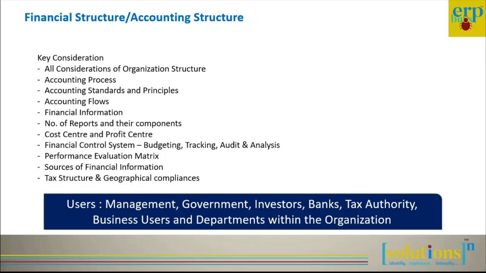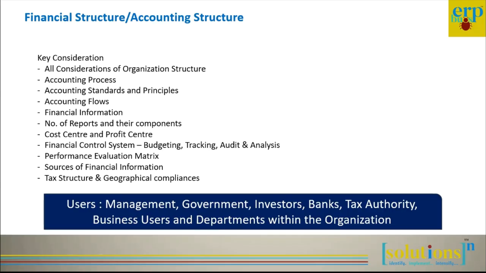Now the accounting process. When you think of designing a financial structure, you need to think about what accounting process you have to follow. There are multiple accounting processes, like US GAAP and the India accounting system.